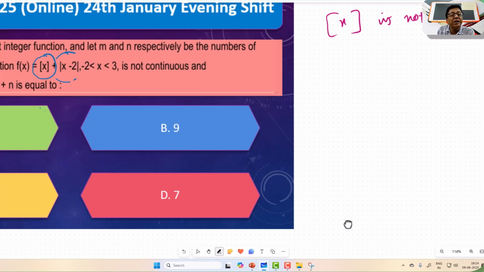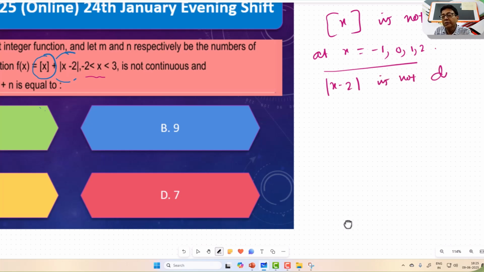What are the integers lying there? It is not continuous at x equal to minus 1, the integer lying there, 0, 1, 2. And mod x minus 2 is not differentiable at x equal to 2. So this point x equal to 2 is neither continuous nor differentiable.